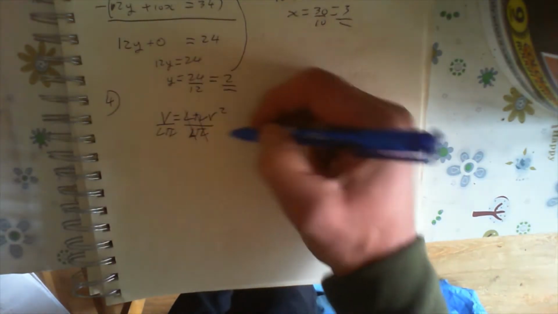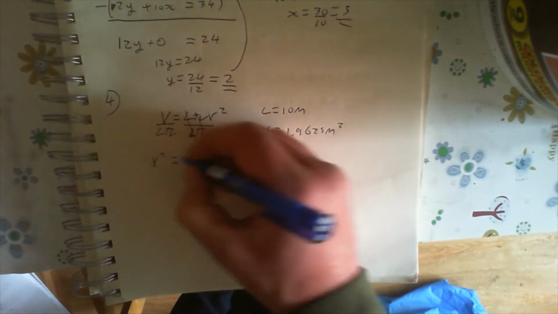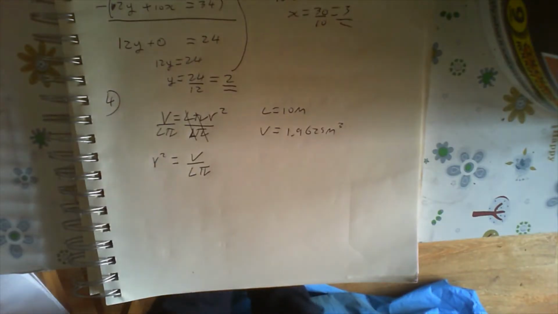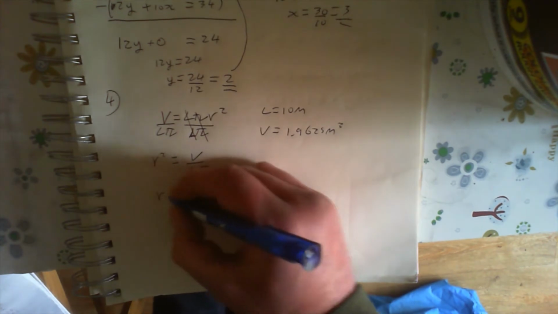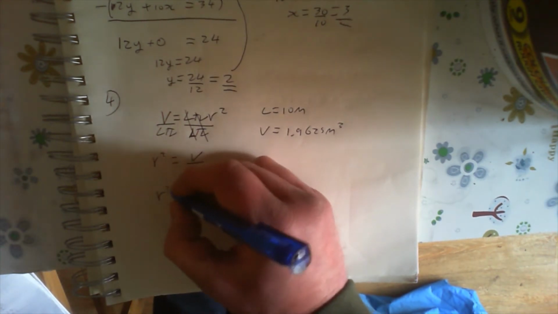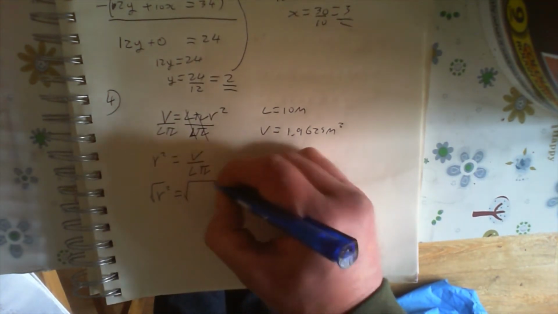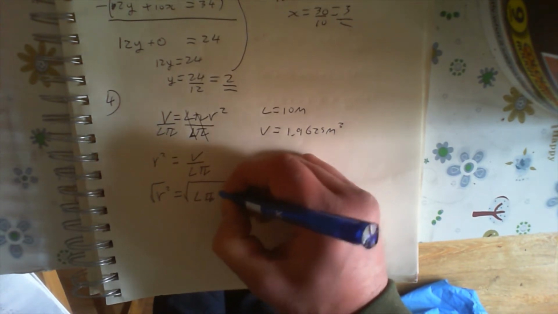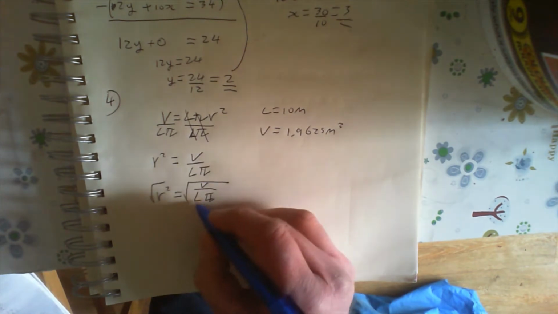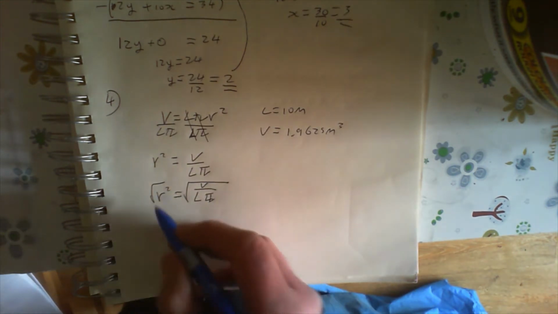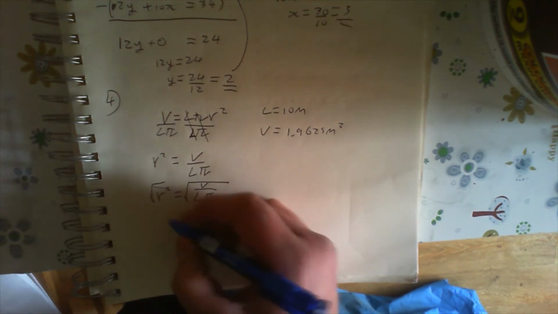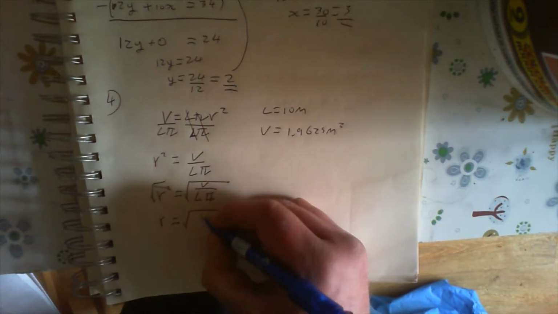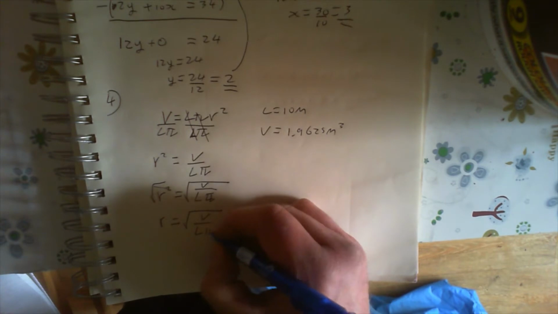These will cancel, so you're left with r squared equals v over the length times pi, and then to find r we get the square root, and the square root of a square, they cancel each other out, so you're just left with r equals the square root of v over L pi.